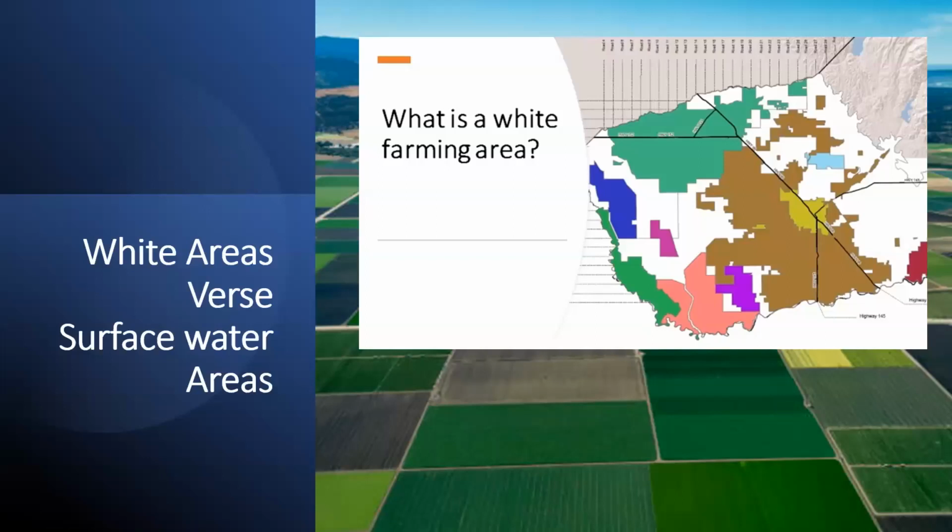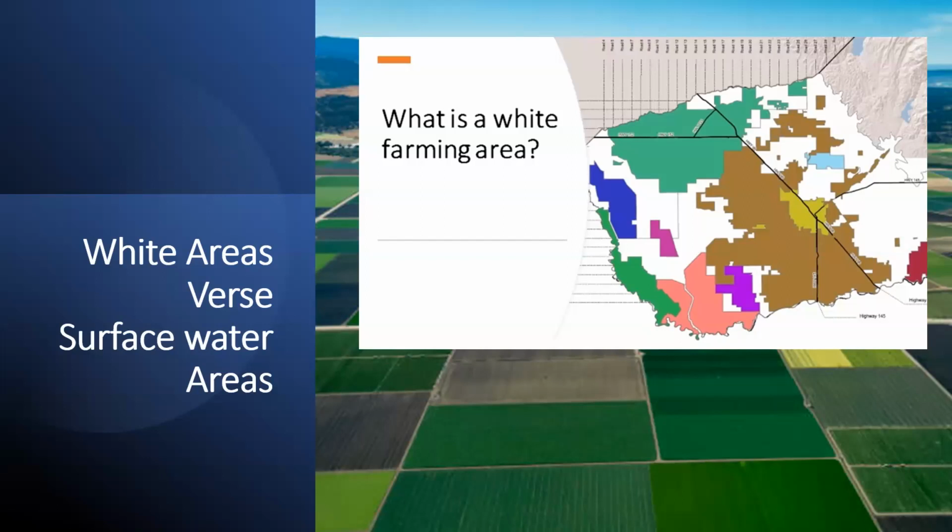And that brings us to a question. Sometimes you hear a term called white areas versus surface water areas. A surface water area are the colored areas on this map. This is the same county, but the colored areas are covered by irrigation districts or water companies, water utilities.